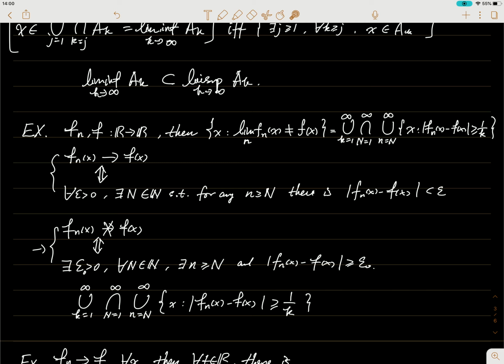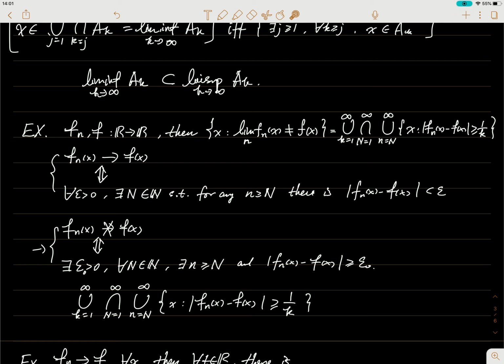Okay, so now remember previously we have shown that for all epsilon, you can replace the epsilon by 1 over k, because you know k is an integer. So 1 over k can be arbitrarily small as you want, right? So there exists some epsilon greater than 0. That means there exists some 1 over k greater than 0, such that this is true.